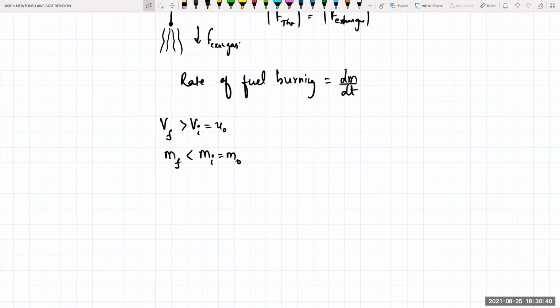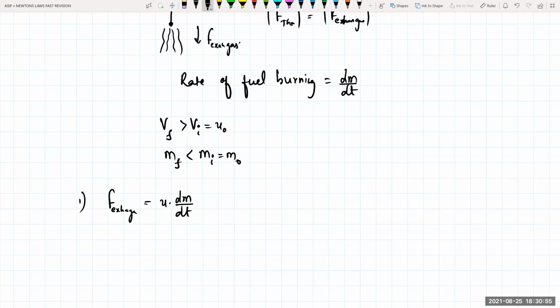The formulas which we will be using in this one: the thrust, which is the exhaust of your gas, is nothing but u into dm divided by dt. Clear?